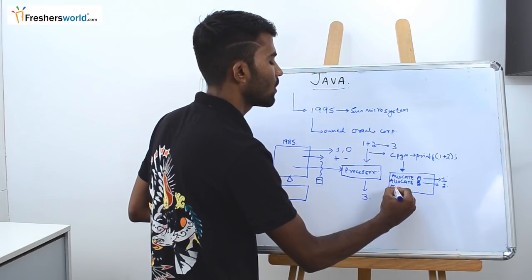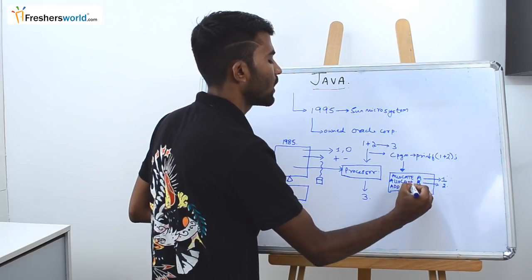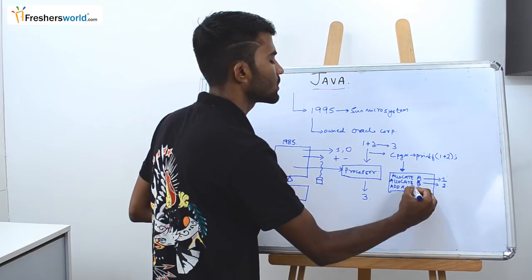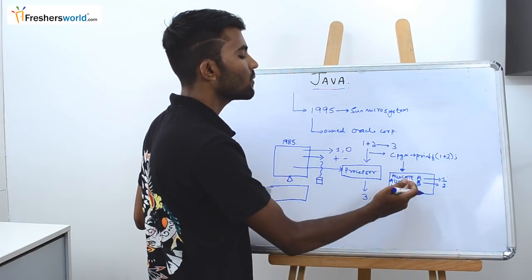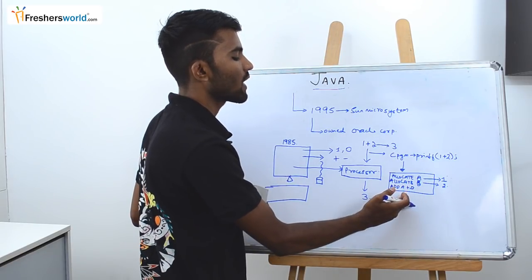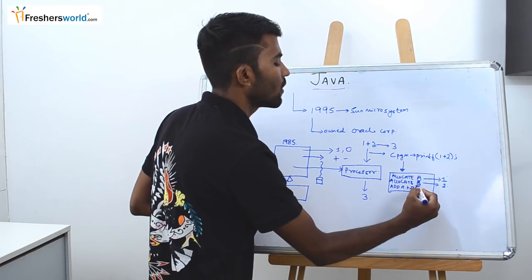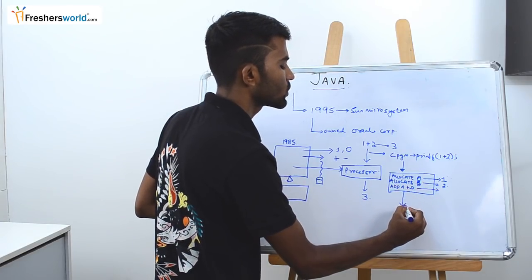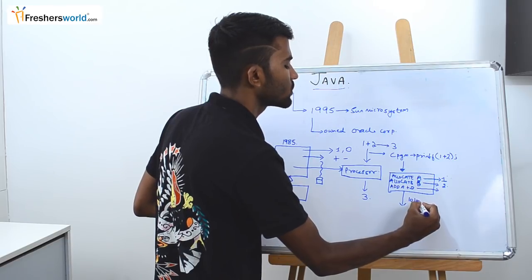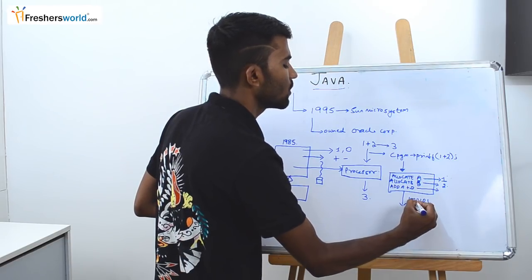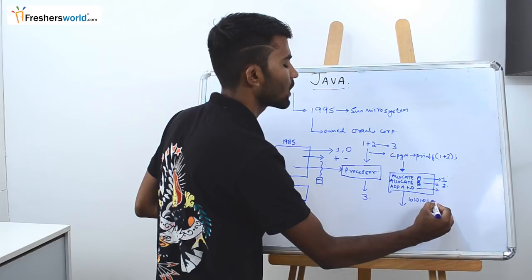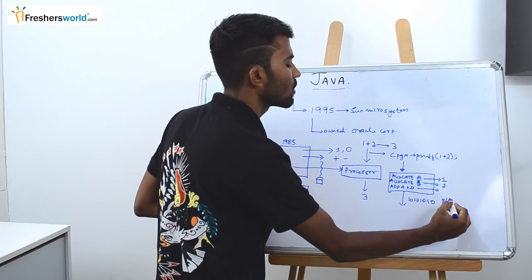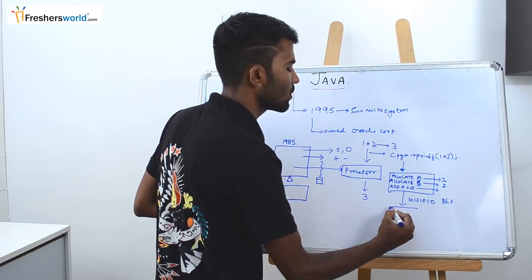Now I'll try to add A plus B. This might not be the exact assembly level language program, but when I say add A plus B, this converts to 1 0 1 0 1 0 1 1 if it is an 8-bit machine, and it goes to the processor.